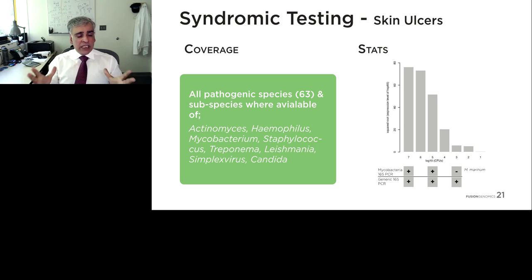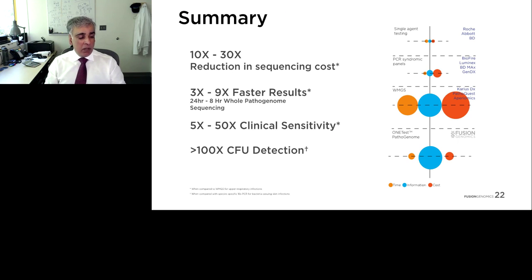In summary, the platform and the assays so far, because we are also sequencing a much smaller amount, are actually about 10 to 30 times cheaper to use than whole metagenome sequencing from your sequencing perspective. It has the ability to give you 3 to 9 times faster results. It already provides you about 5 times to 50 times the clinical sensitivity of a whole metagenome assay.